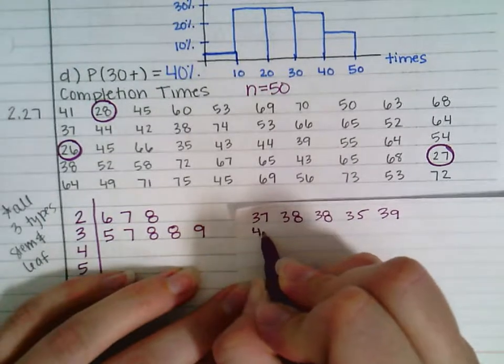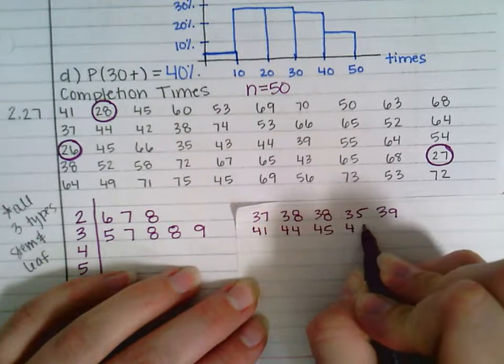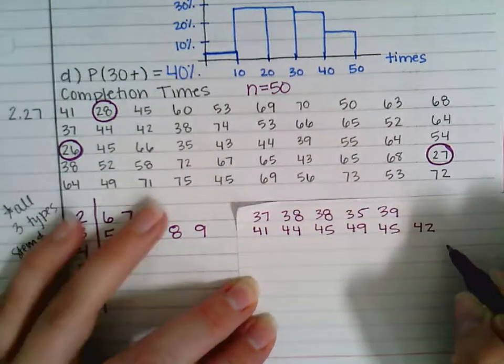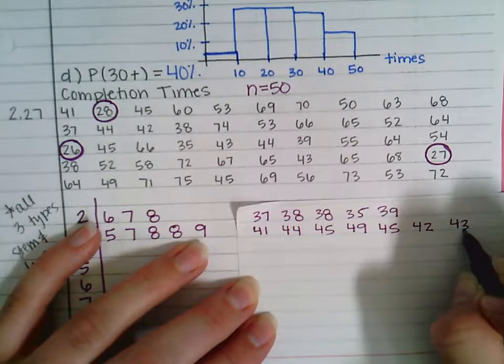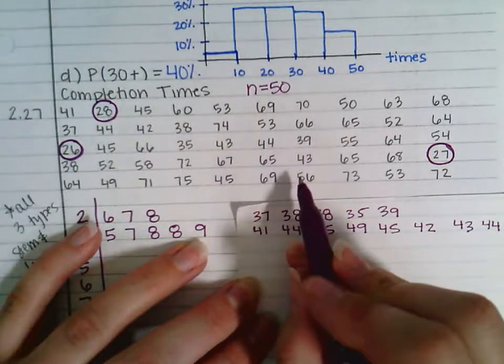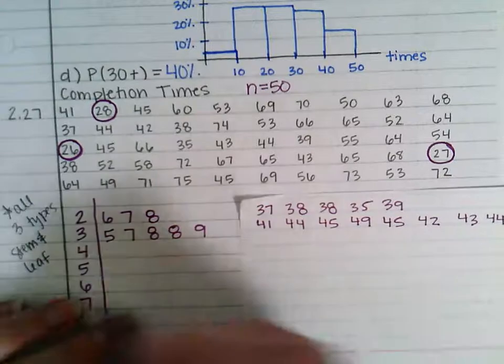Okay. All right, let's do 40s. So I have a 41, a 44, a 45, 49, 42, 43, 44, another 43. I think that's it for my 40s. Okay, so it looks like I have 41.